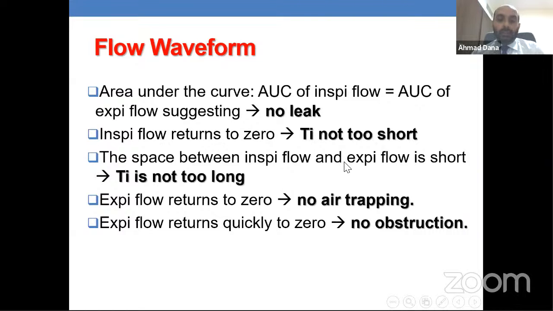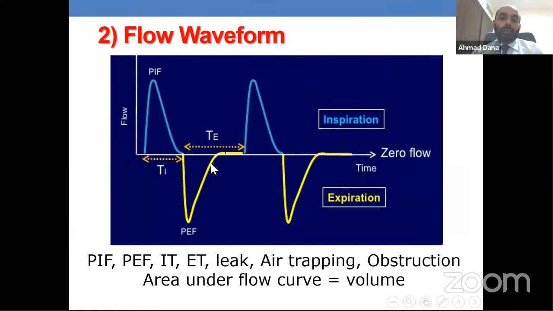So this means a short I time. There is another problem if you have too much. This I time usually should reach 0 and just a little bit more, then go down to the expiration. Now, if it is very long, this is again not proper.